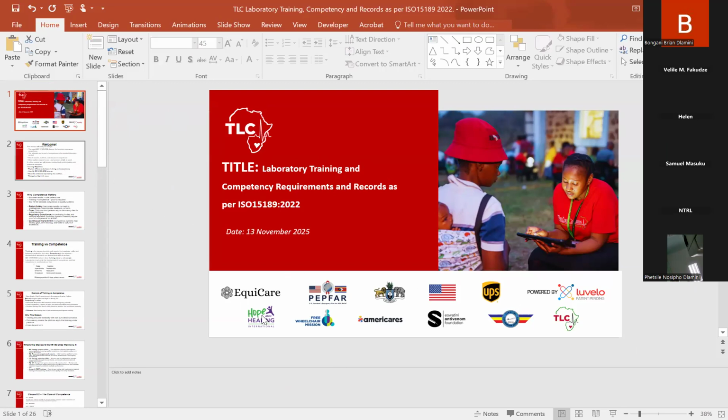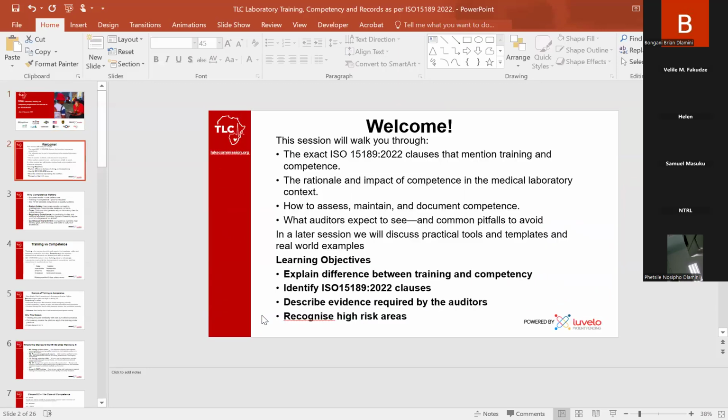In this session, we want to go through the exact ISO 15189-2022 clauses that mention training and competence, the rationale and impact of competence in the medical laboratory context, how to assess, maintain, and document competence, then also what auditors expect to see and common pitfalls to avoid. In a later session, we will discuss the practical tools and go through some templates and real-world examples.